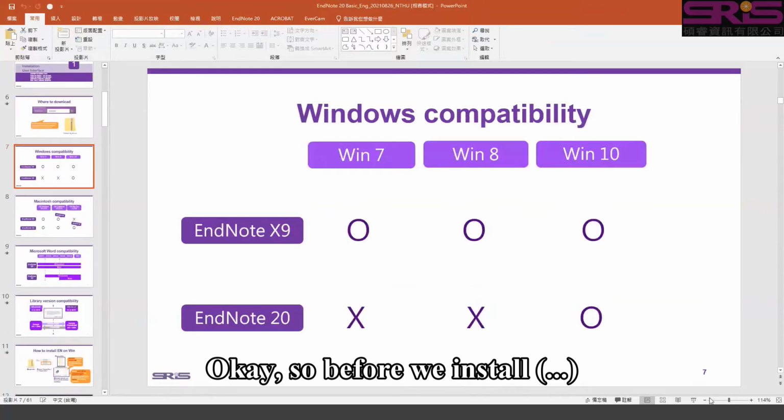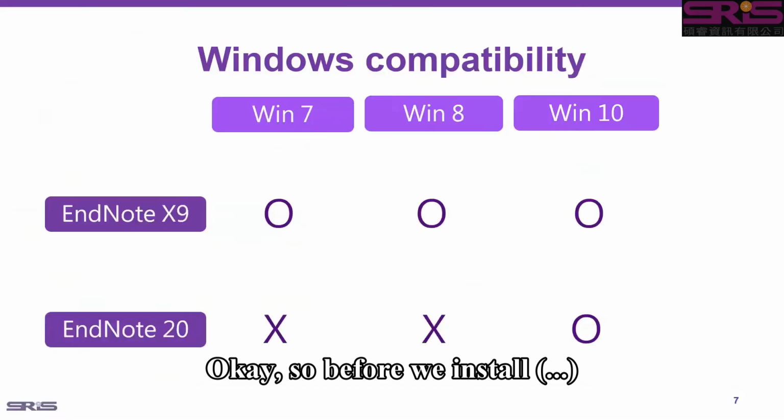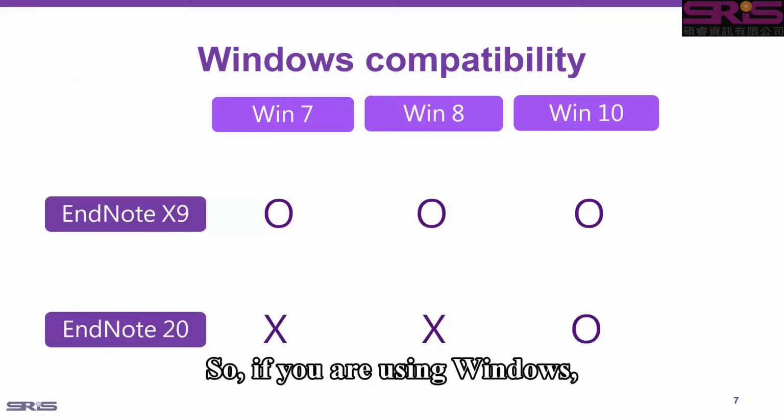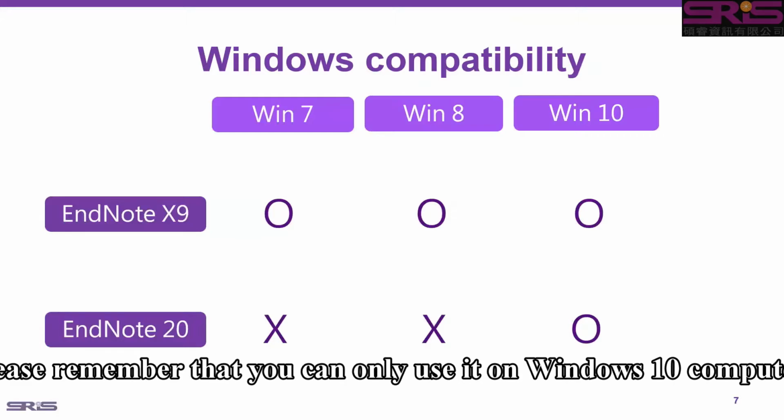Before we install EndNote 20 on your computer, we have to know something about compatibility. If you are using Windows, please remember that you can only use it on a Windows 10 computer.